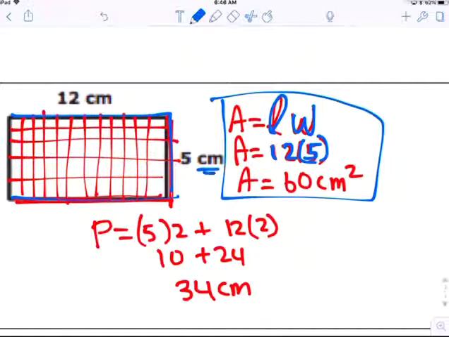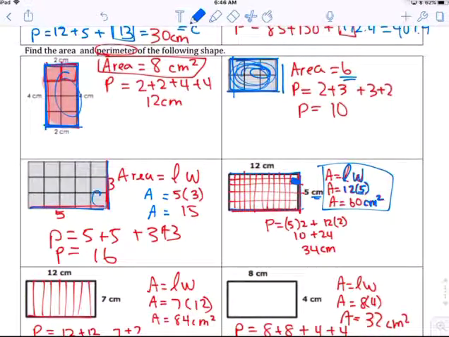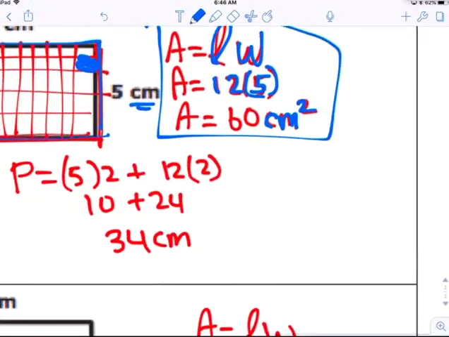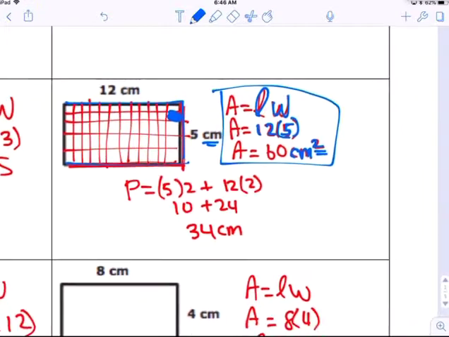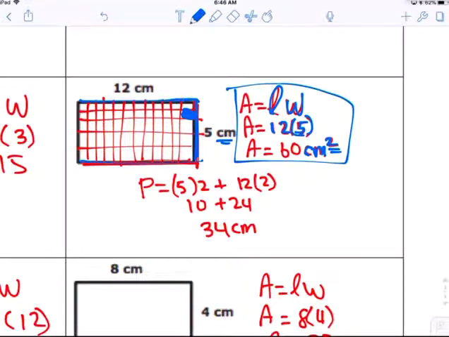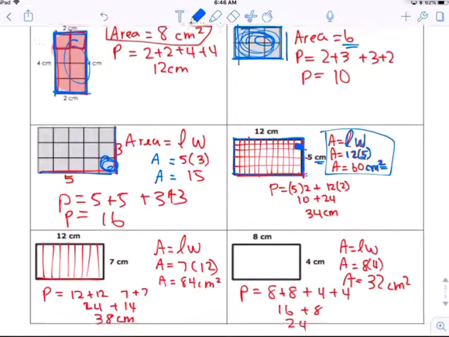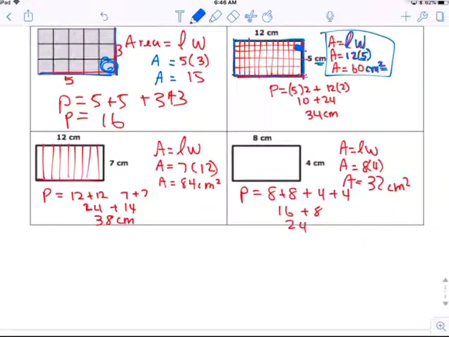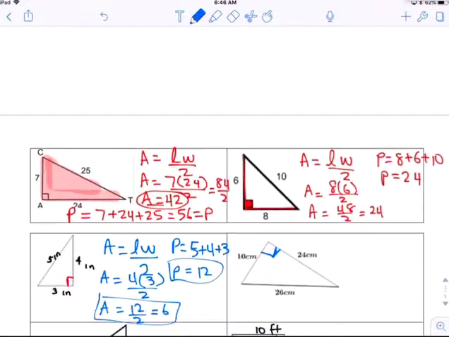And area, because they're little squares, is always whatever unit squared. That's why it has this square. Perimeter is just the outside. There's no square in it. Okay, so that's how you do these.